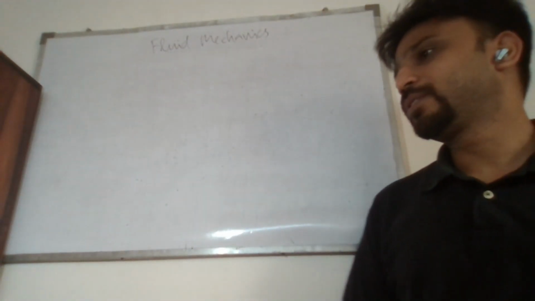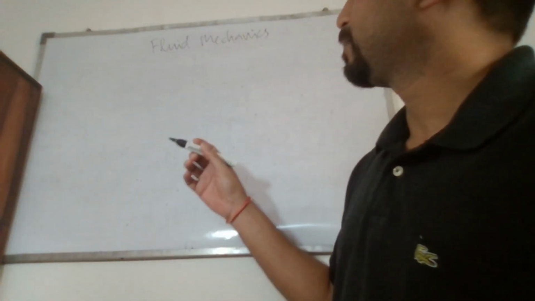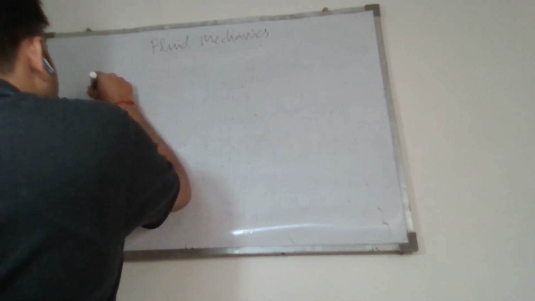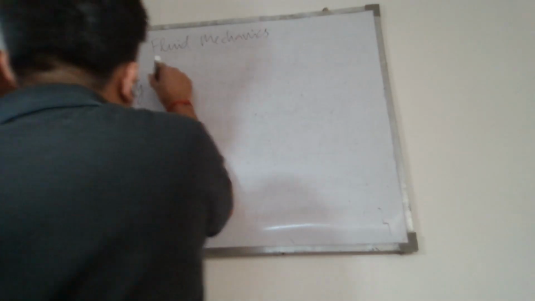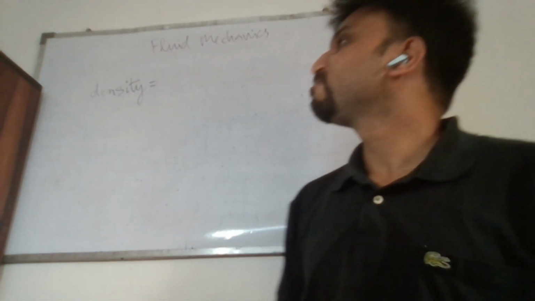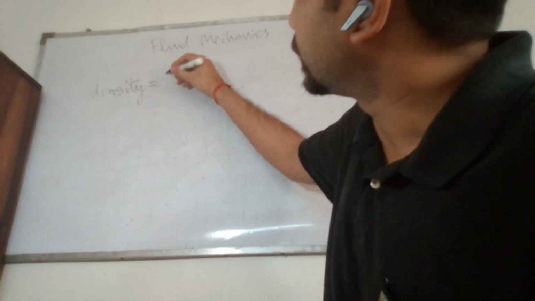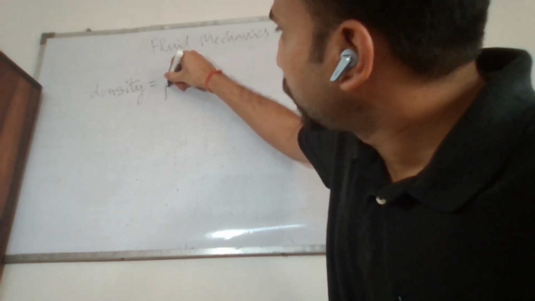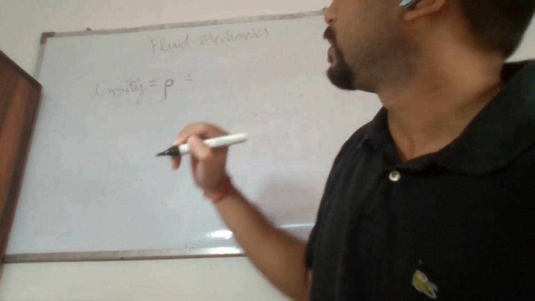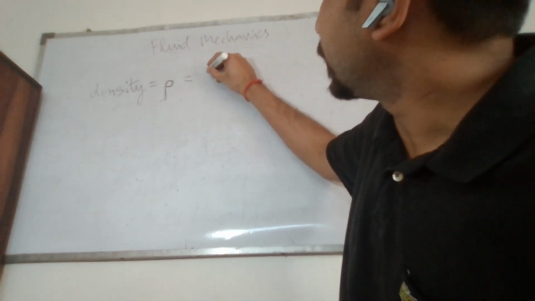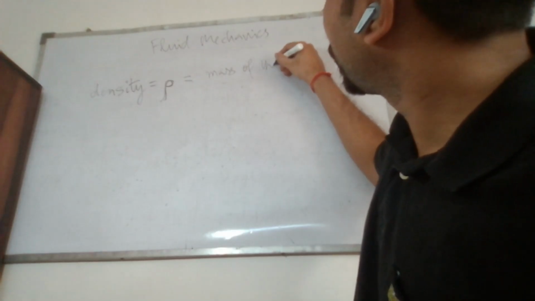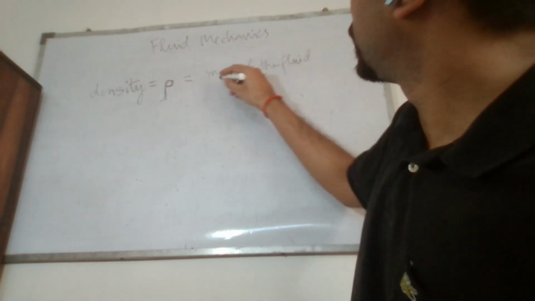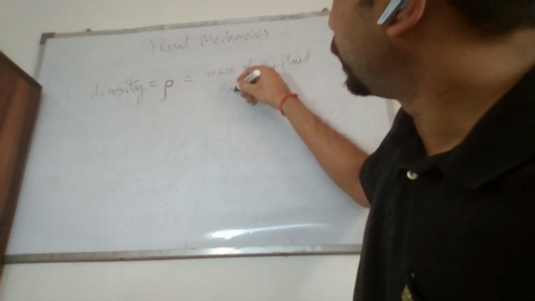So let's define what density is. So here I have written density. The symbol of density is rho. The formula for density is mass of the body or mass of the fluid divided by volume.